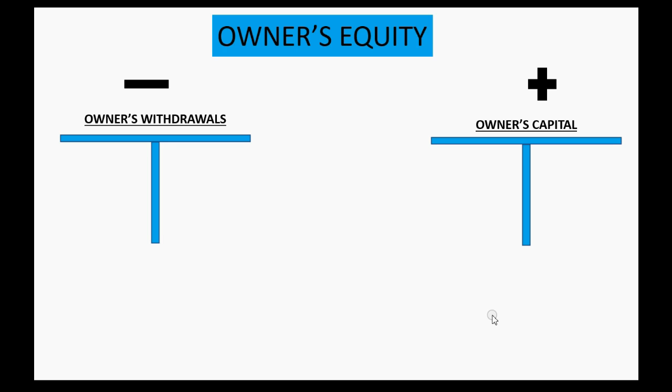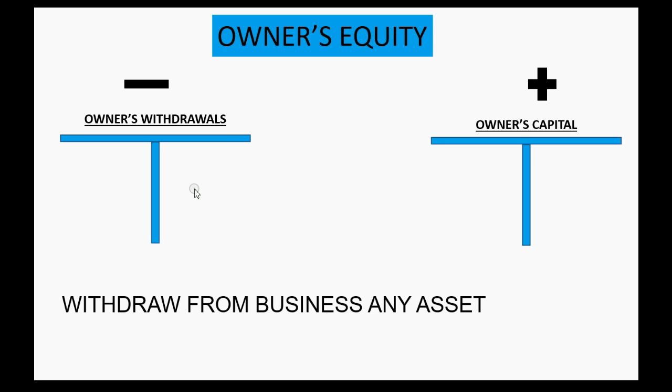Now the exact opposite of that account is the one right here on the left, withdrawals. This account will record any time the owner takes out any asset from the business, whether the owner withdraws cash, equipment, or anything the owner removes from the business to be used for non-business reasons. It would get recorded in this account on the left, owner's withdrawals.